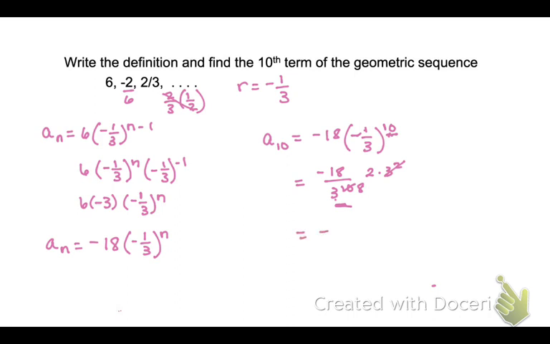So I get negative 2 over 3 to the 8th. Okay, so 3 to the 4th is 81, isn't it? 3 times 3 is 9. So 9 times 9 is 81. 81 squared is kind of a little bit, if you want to do it, that's fine, but I'm good with that.